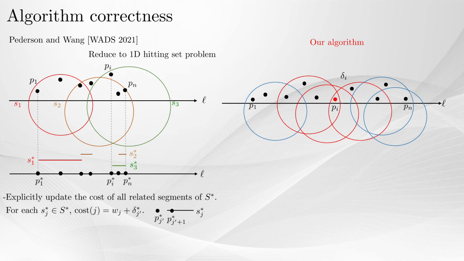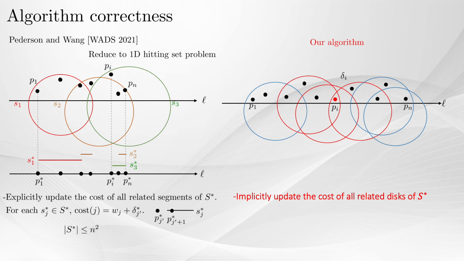So the question is, the number of the S star at most will be n squared, because each disk can be projected to at most n intervals. Then it needs at least quadratic time to update these segments.